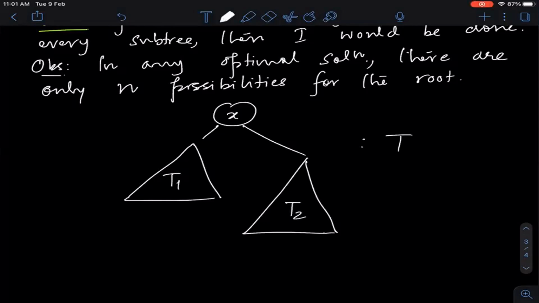Okay, now if you want to design a recurrence relation, or a dynamic programming algorithm, what do you think you should hope for in terms of the trees T1 and T2? What should you hope for? So if T is an optimal solution to your entire set of keys, and I tell you that X is the root of this tree, then what should you hope for about the trees T1 and T2?